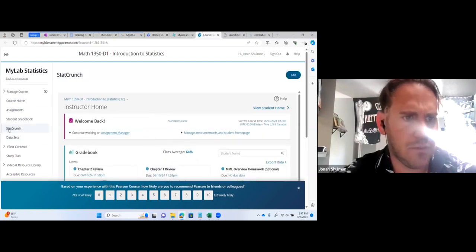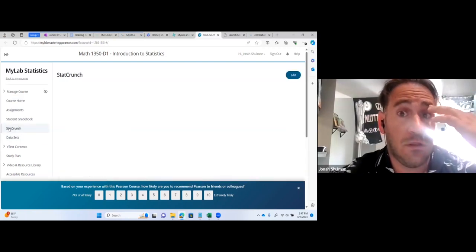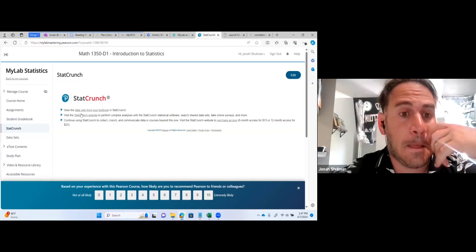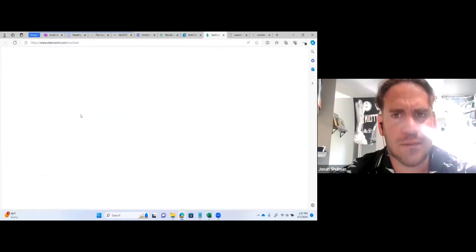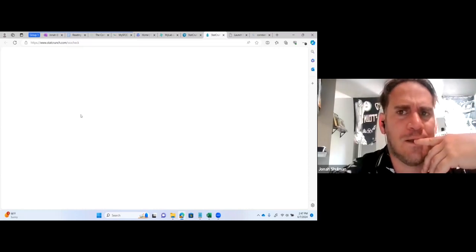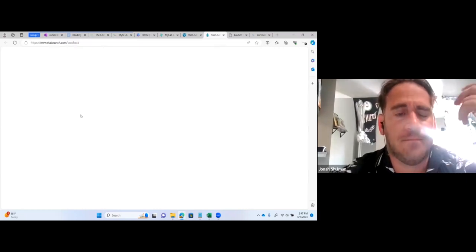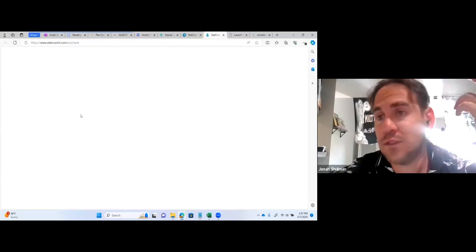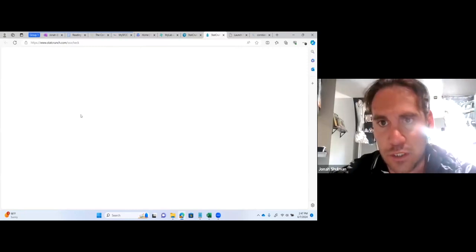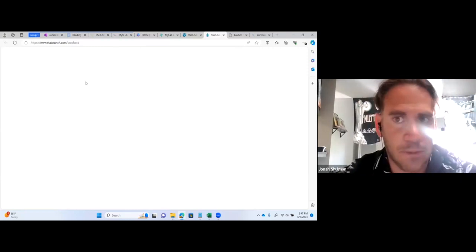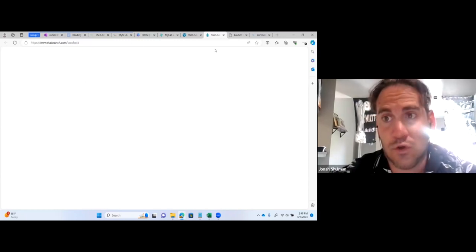So let's go to StatCrunch. Let's just go to the website. And let's see how you find the correlation coefficient and draw the scatter plot. So we'll learn it together as soon as it wants to open.